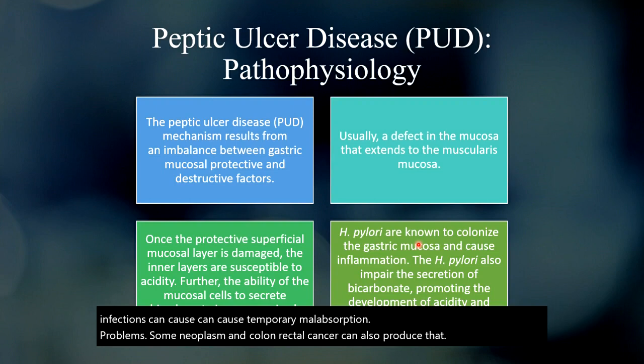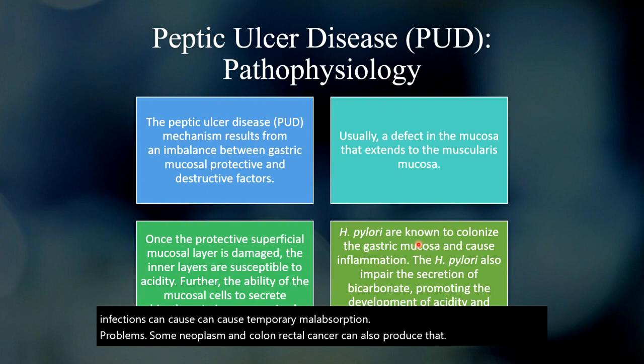We talked a little bit about peptic ulcer pathophysiology. We talked about Helicobacter pylori as the one that will colonize the gastric mucosa and was the responsible agent discovered by two scientists, Nobel Prize of Physiology and Medicine, indicating that it was the cause of inflammation.